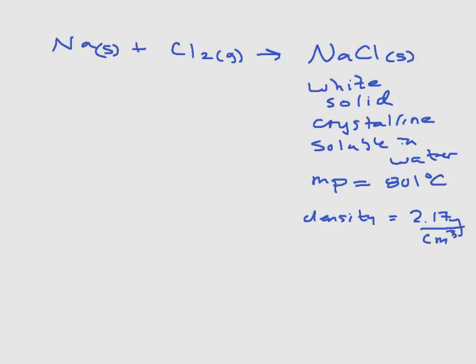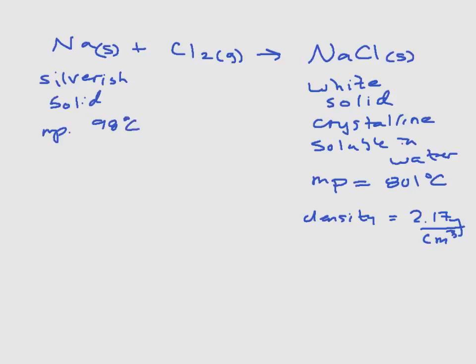If I was to describe sodium and chlorine, I could say, for example, that sodium is a silvery metal. That would be a physical property. Silver-ish in terms of color. It's a solid. We knew that from the state above. You might say it has a melting point. It actually melts at 98 degrees Celsius.